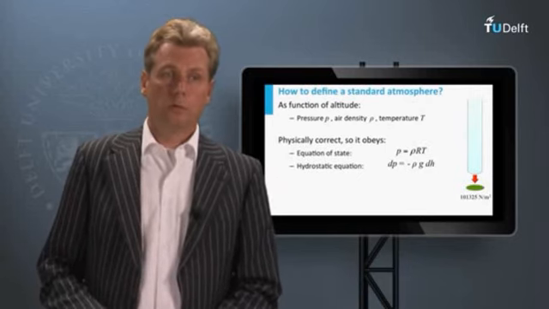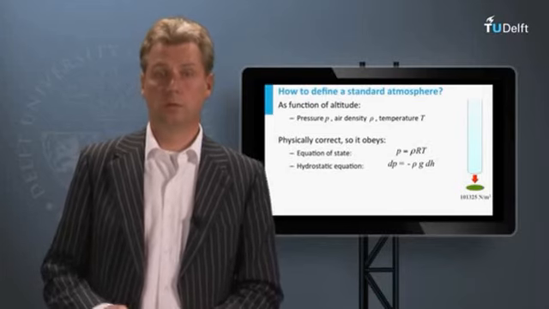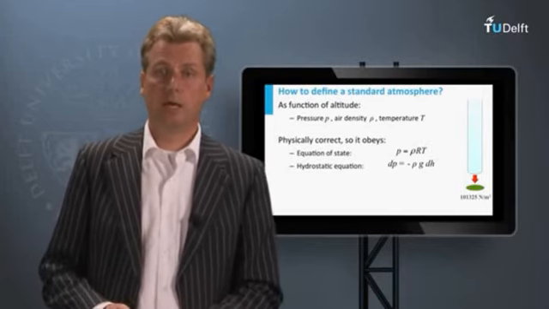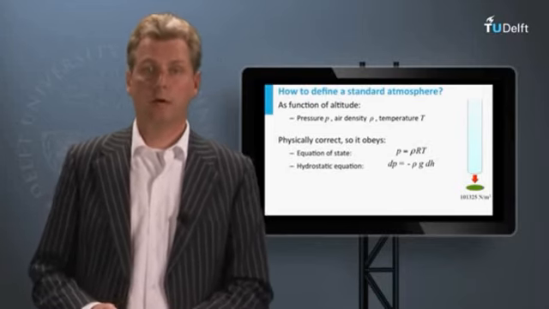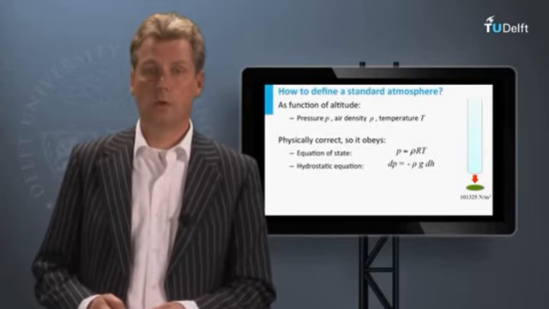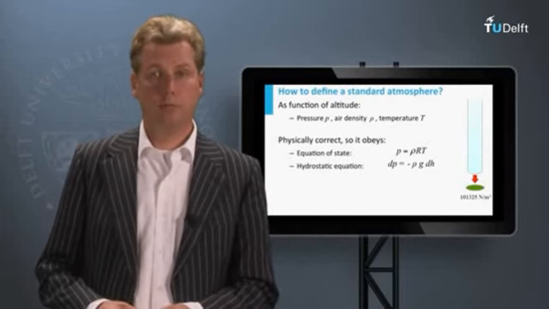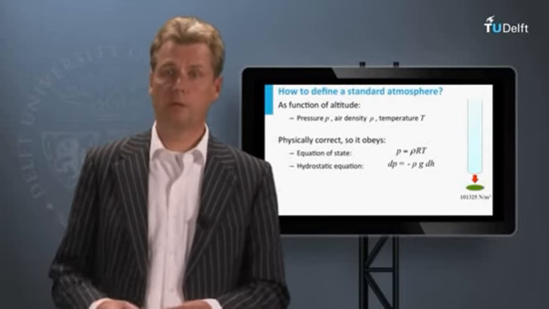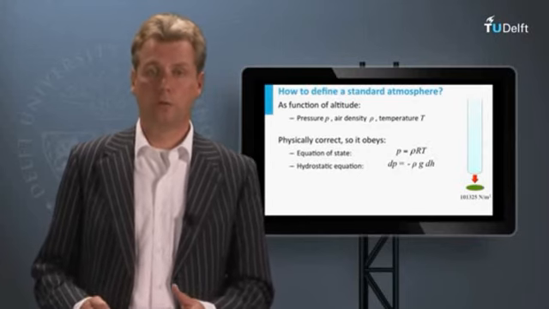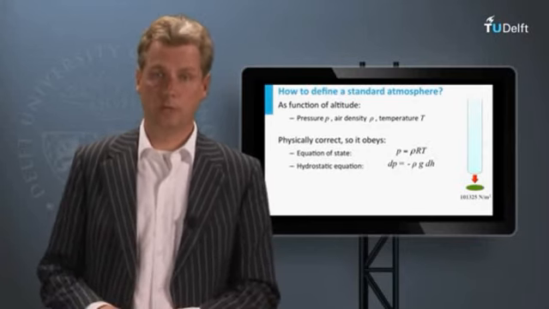So we have two laws to which our model atmosphere should obey. That's the equation of state and our hydrostatic equation. Those are two equations. We see on the top side of the slide here that we need three parameters. Well, we still have some problems then, because first of all, three parameters and two equations means we still have one unknown variable.